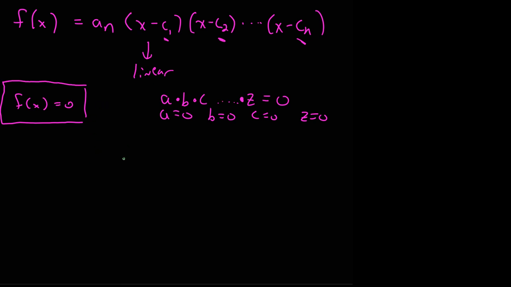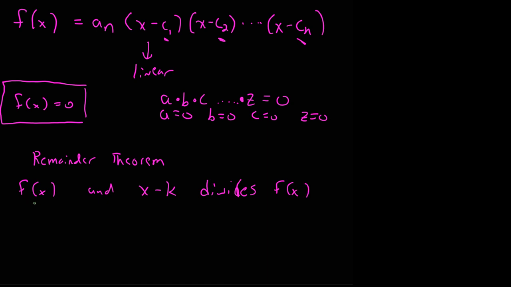One of our friends in this is the remainder theorem, which says if I have a polynomial f of x and x minus k divides f of x, the remainder is f of k.